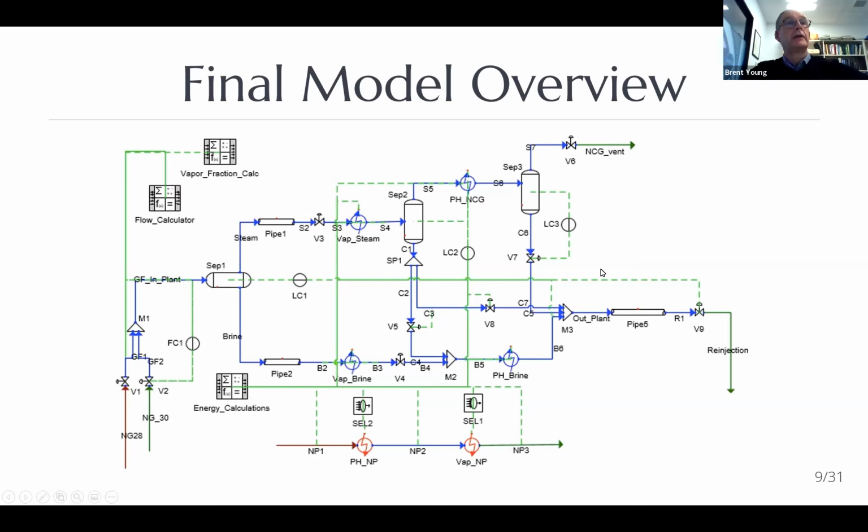There's several flash vessels, piping and heat exchangers that are simulated in this process, along with a number of level and flow controls that exist in the plant. And then we simulate the re-injection back into the reservoir.